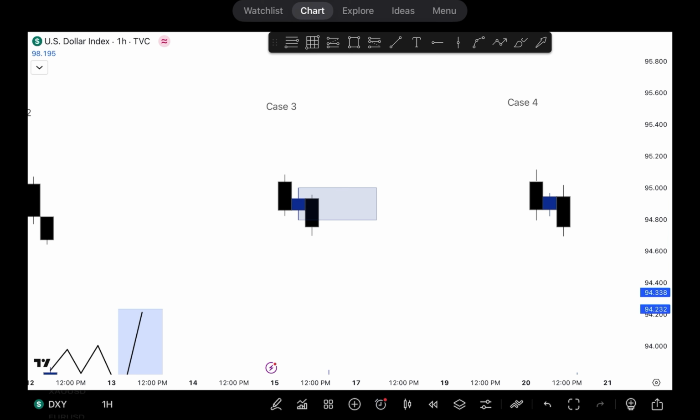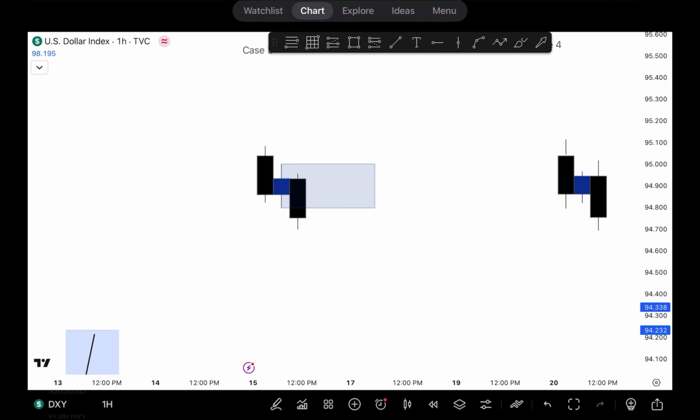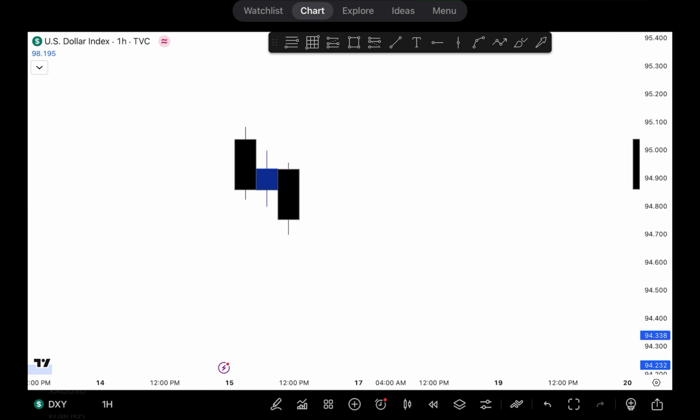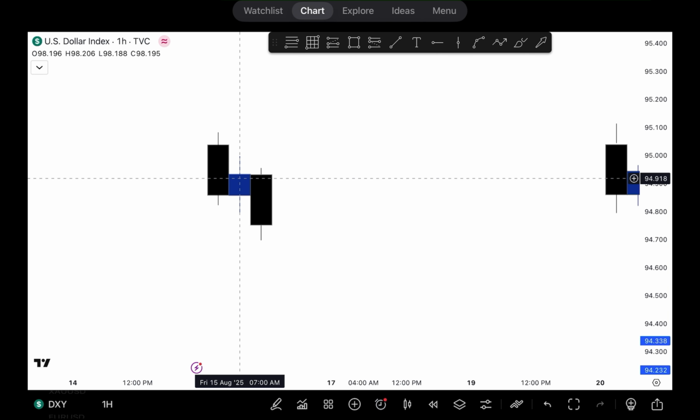What do you think? Well, in case you don't know, price is going to respect it, and here's why. There is a bullish candle in between two bearish candles, and price is going to respect it because this is where the bullish candle closed above here, right?